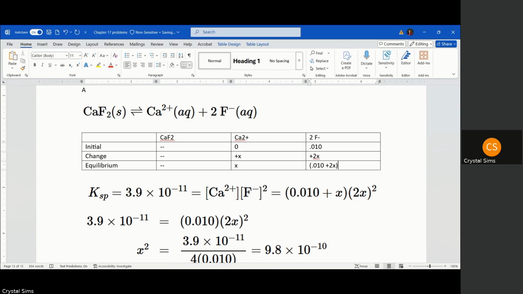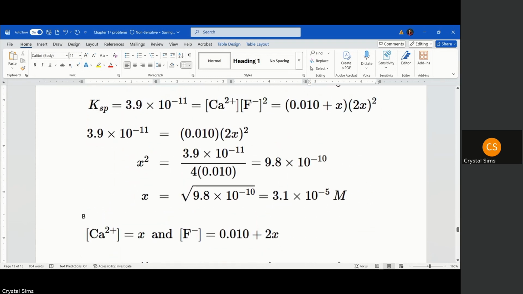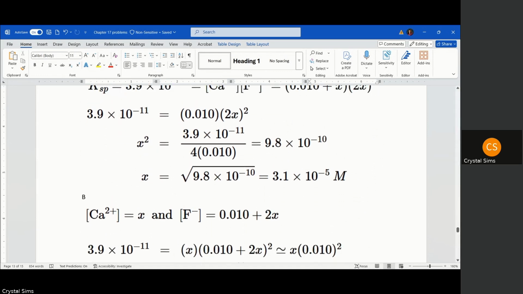So when we come down here, there's where that came from. Calcium ion concentration X, fluoride ion concentration 0.010 plus 2X. And we'll plug in our Ksp, 3.9 times 10 to the negative 11. X times 0.010 plus 2X squared.